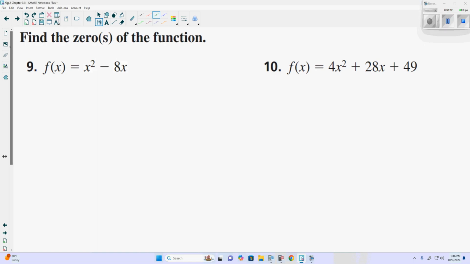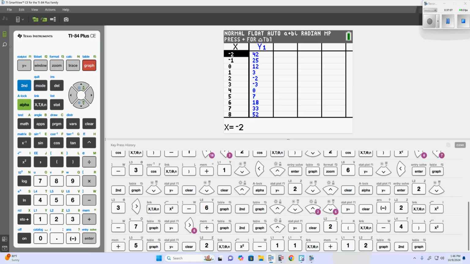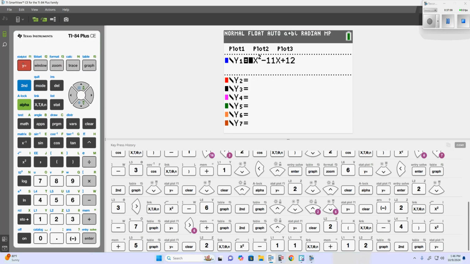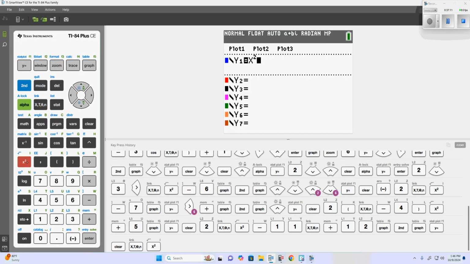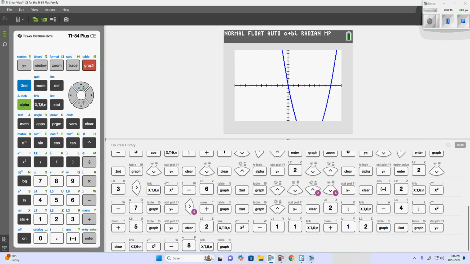X squared minus 8x. Again, if we want to find the zeros, we need to find out what value of x will make this function be 0. Did it specify how we need to solve this? No, it just told us to find them. So that means if I want to, I can graph x squared minus 8x, yes? That looks like it does intersect at nice points, yes?